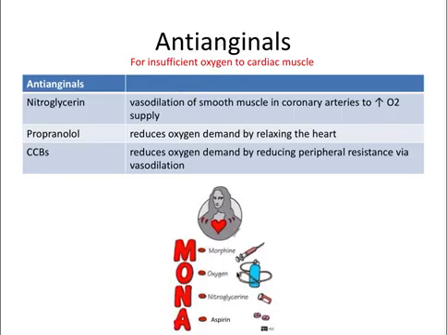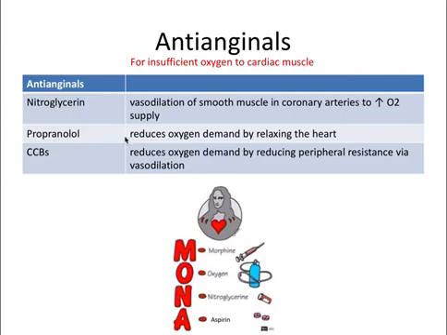So the classic emergency response to angina, or more seriously, a heart attack, is this MONA acronym: morphine, oxygen, nitroglycerin, and aspirin. So N is the nitroglycerin, which we did talk about as those sublingual tablets used in medical emergencies. So nitroglycerin, how it works, is it provides vasodilation of smooth muscle in the coronary arteries to increase that oxygen supply to the cardiac muscle.